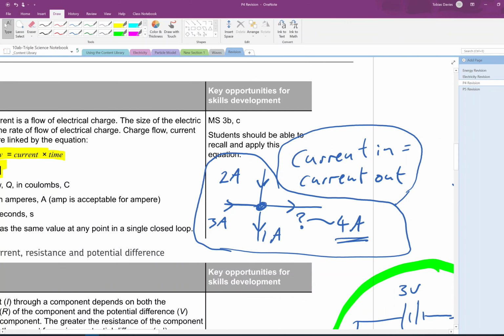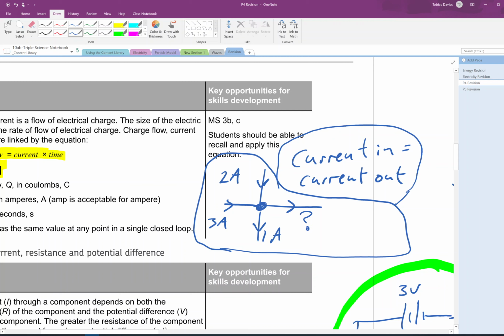And what I sometimes like people to think about is what's actually known as Kirchhoff's law, which is that the current flowing into a point is equal to the current flowing out. So if I say that I've got 2 amps and 3 amps flowing into a point, and 1 amp coming out, then I have an unknown current here.